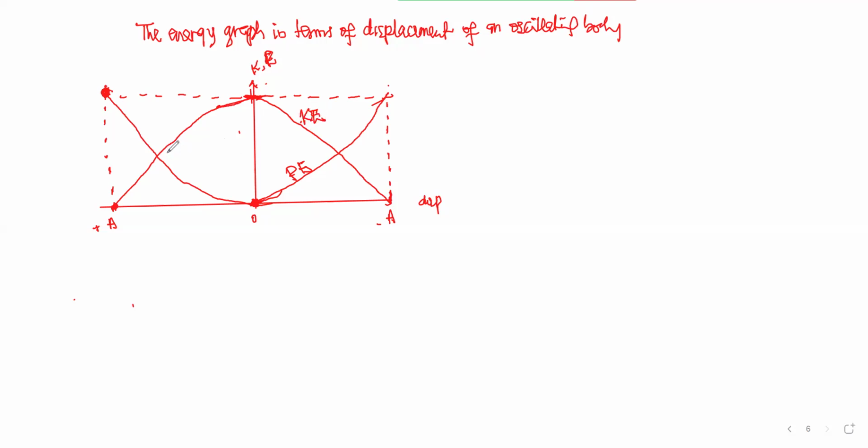Their points of intersection are the points where their values are the same. So at the point of intersection, we have PE equal to KE.